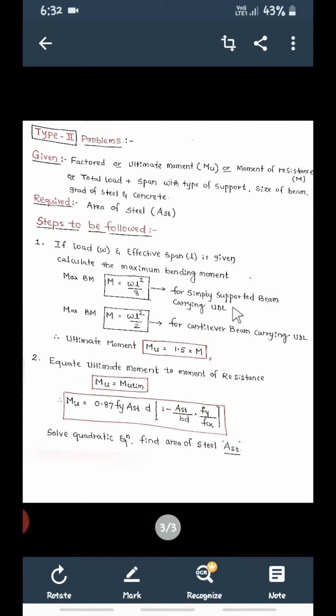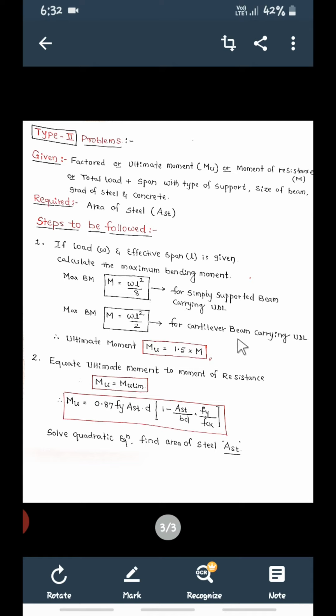If it is a cantilever beam carrying UDL, the maximum bending moment M is equal to small w L square divided by 2. So two beams will be there. One is a simply supported beam with UDL, where you calculate M equal to WL square by 8.